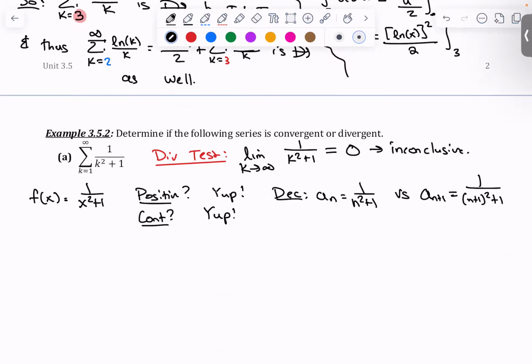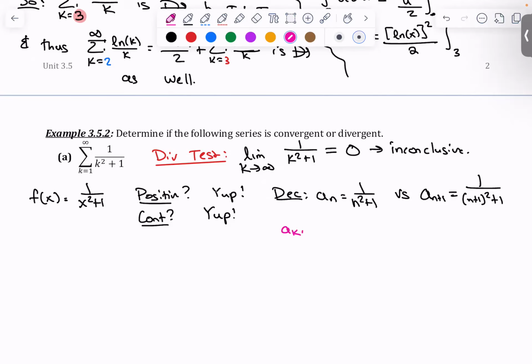Is n plus 1 squared plus 1 larger or smaller than n squared plus 1? It's larger, because we're taking a number that's bigger than n and squaring it, so it should be bigger, right? 2 squared is smaller than 3 squared. So this has a larger denominator, meaning that it is a smaller number.